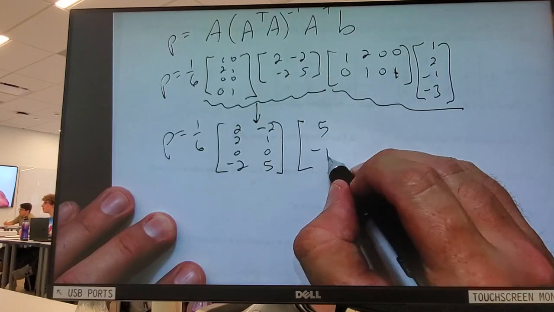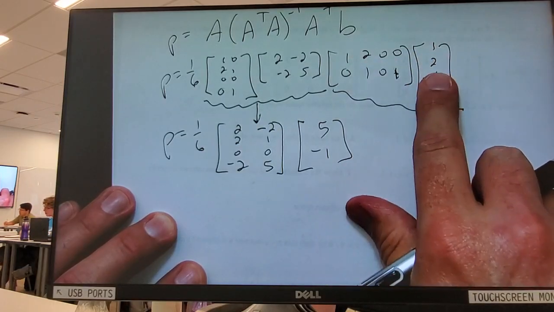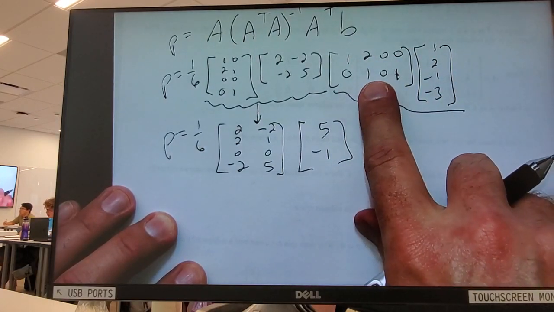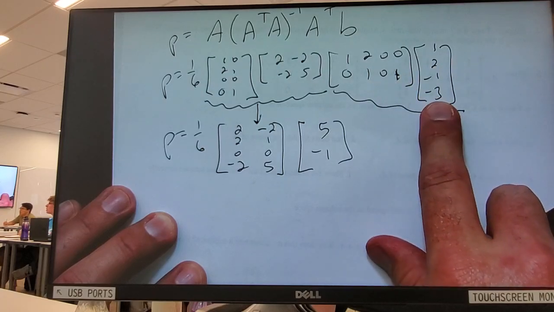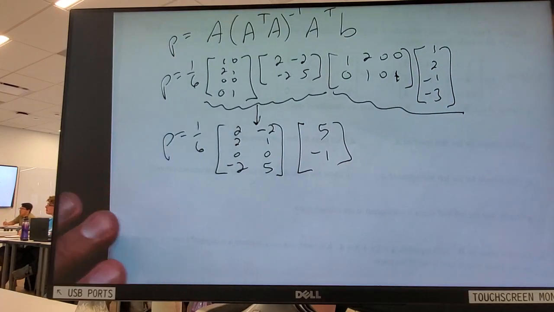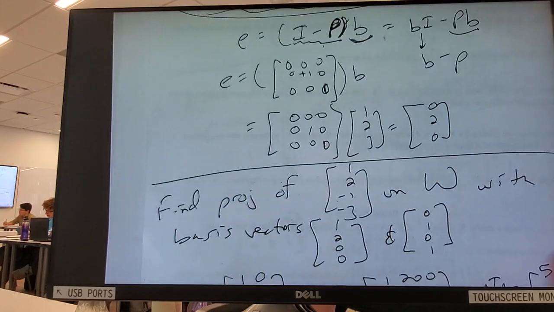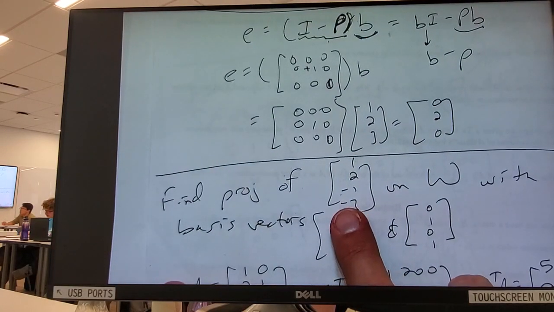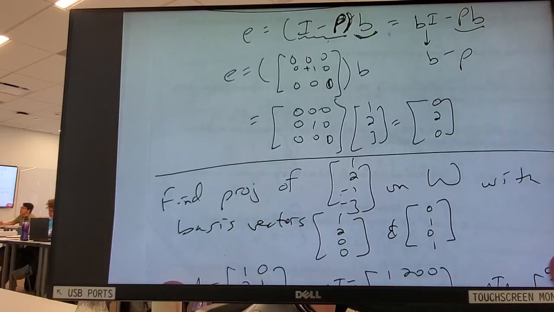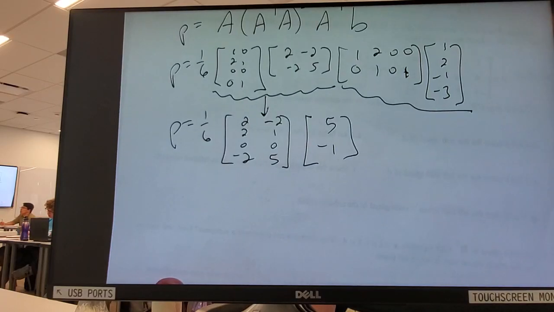Let's see. 1, 2, 1, 2 is 5, and then 2 minus 3. Oh, it's a negative 3, yeah. And then the 1/6 can just wait. I don't need to make things more difficult for myself.